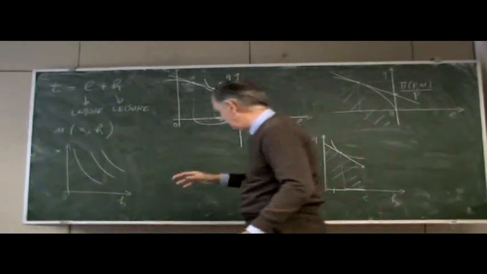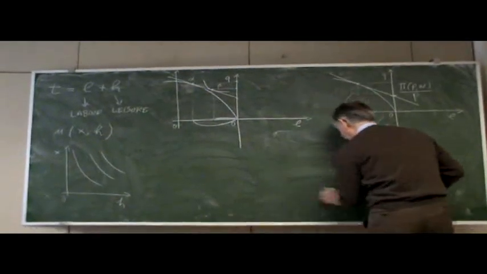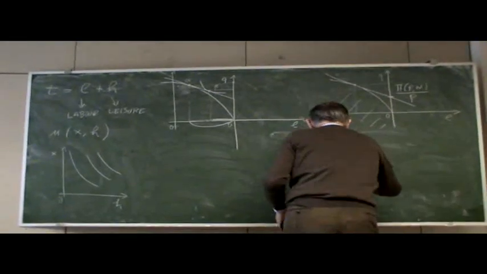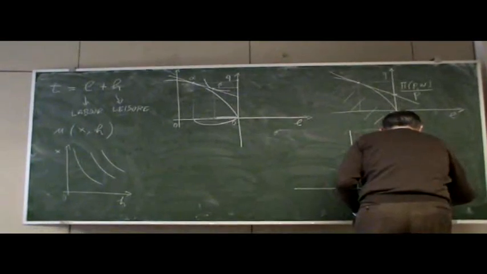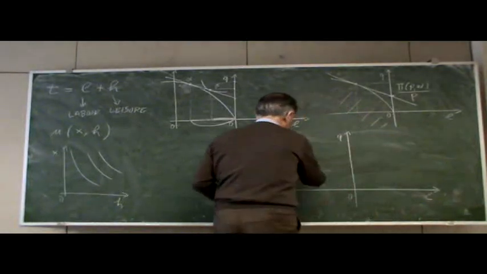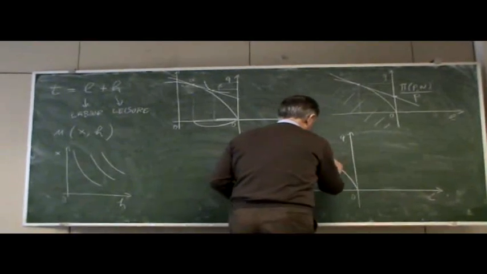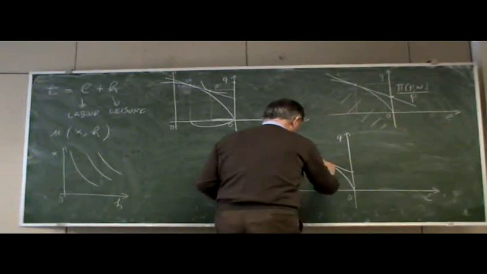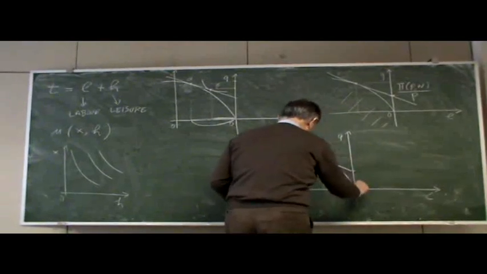So let us redraw the graphic with other prices, of course, in order to obtain an equilibrium. This is the optimal point for the firm, this quantity of labor, this quantity of produced goods.